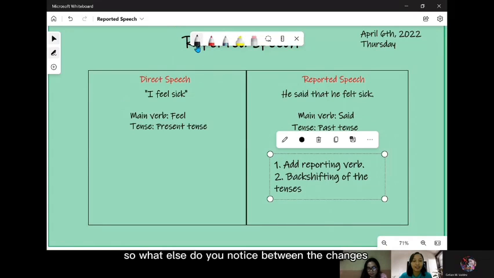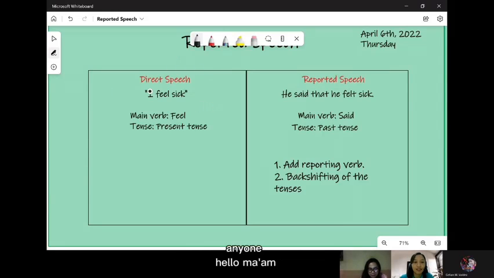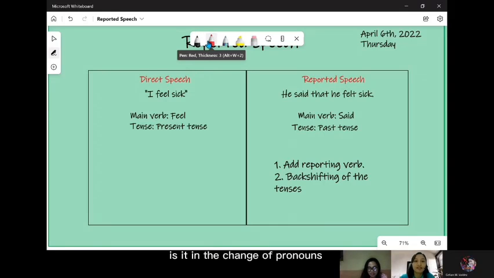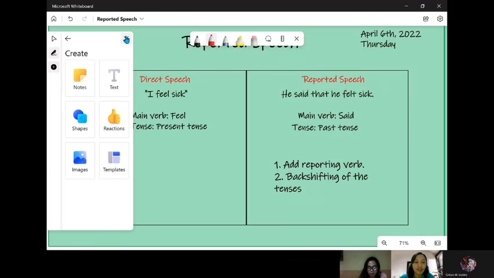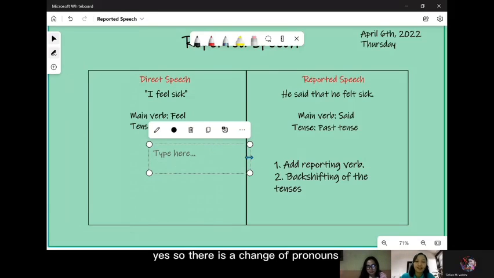So what else do you notice between the differences between the examples of these two types of speeches? Anyone? Yes, Lois? Is it the change of pronouns? The changing of pronouns? Yes, from the first person to the third person. Yes, so there is a change of pronouns.